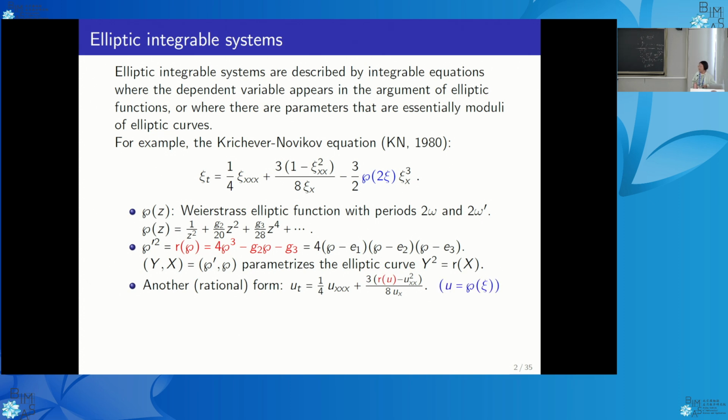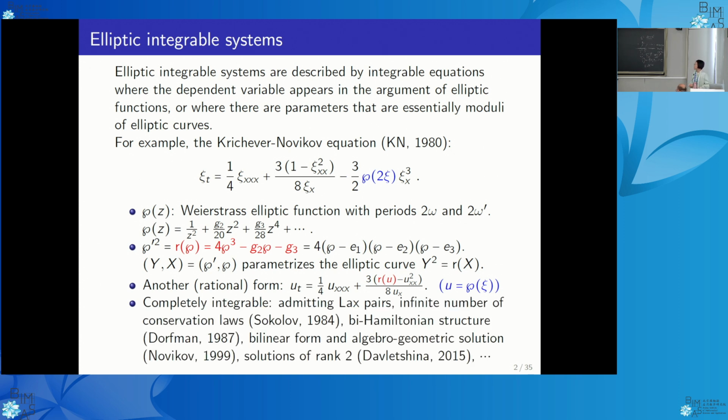By the identification u equals P of z, we can recover the original KN equation. We say this equation is completely integrable by proving it possesses Lax pairs, an infinite number of conservation laws, Hamiltonian structures, as well as exact solutions.